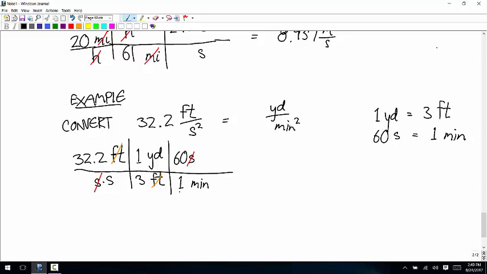Okay, and that's not what we want. So we have to do that multiplication one more time to convert the other seconds to minutes. So we'll multiply again by 60 seconds over 1 minute. That cancels the other second. And now the units that are left are yards per minute squared.